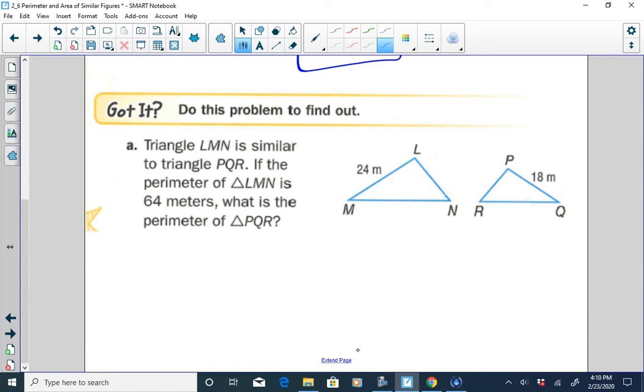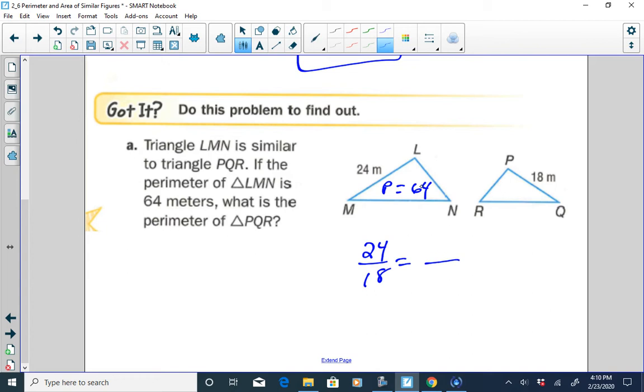Try another one. Triangle LMN is similar to triangle PQR. Here's LMN, here's PQR. If the perimeter of triangle LMN is 64, so the perimeter here is 64, what is the perimeter of triangle PQR? Well, once again, our rule says that the ratio of the corresponding side lengths, let's say if I use 24 to 18, is equivalent to the ratio of the perimeters.